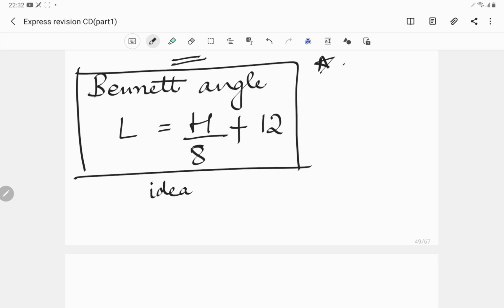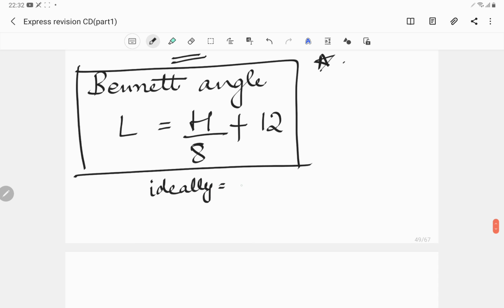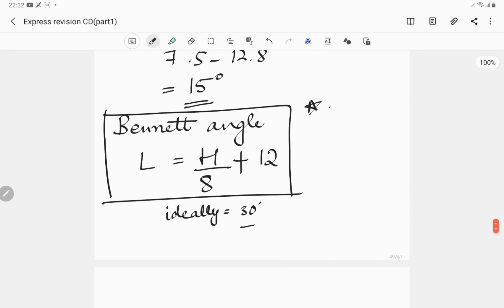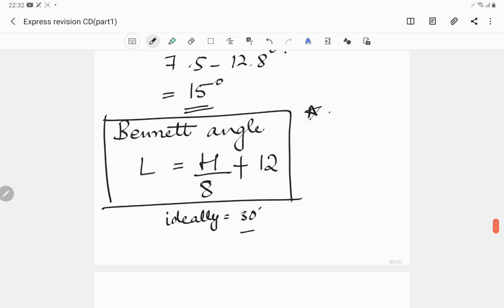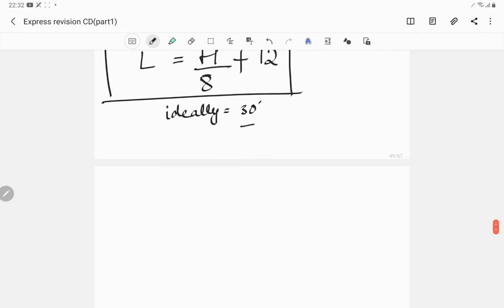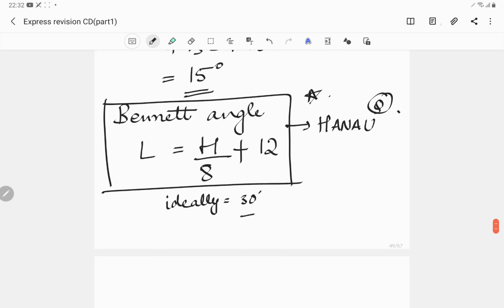Ideally, we take H as a 30-degree angle. So this is how we calculate the Bennett angle in the case of a Hanau articulator.